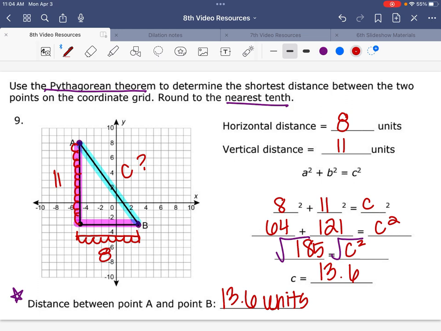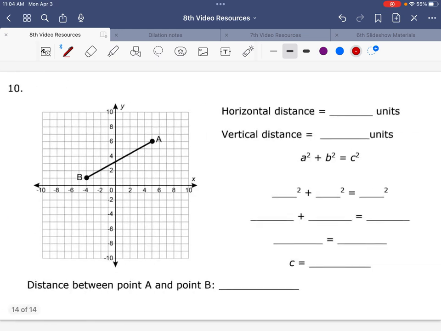All right, we're going to do one more. So now if we look at this example, they've given us the segment, and we see point A and point B, but they did not give me a right triangle. So I can just draw one. I'll draw my vertical distance, and I'll draw my horizontal distance.